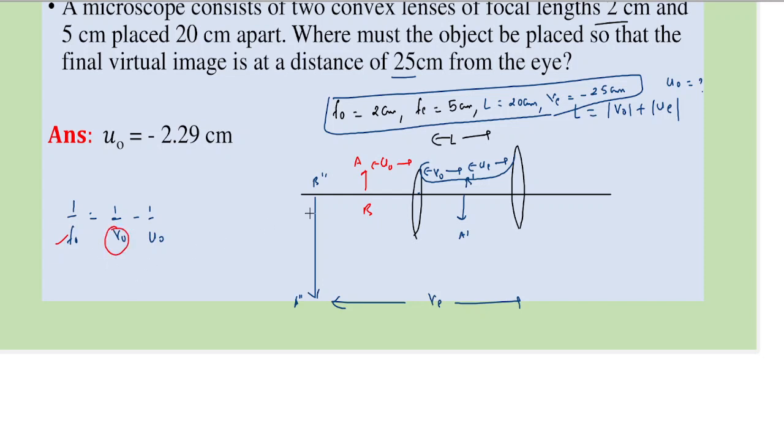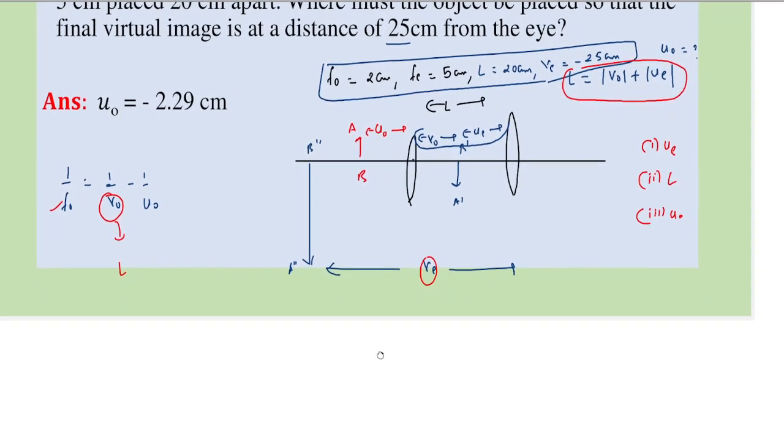To find v naught, we can use the formula for L. So we find v naught using L, but in L we should know what is UE. So to find UE, we use what is VE. That's the first step. Find what is UE, and from this UE we find what is L, and from there we find what is u0. So that's what we required.